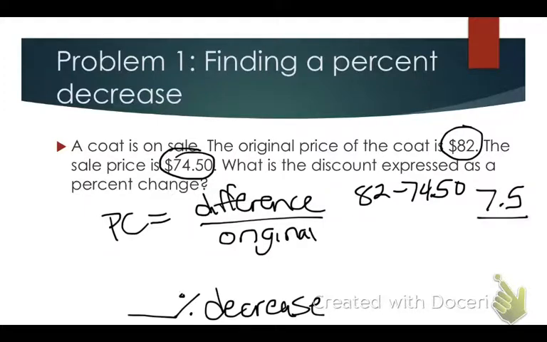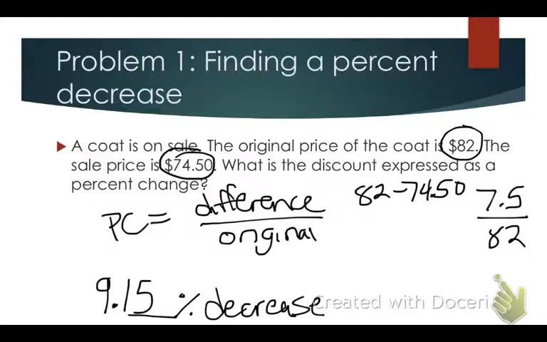And we're going to divide that by the original amount, 82, and then multiply that by 100 to convert it to an actual percent. And we should get 9.1463. I'm going to round that to the hundredths place here today, and I have 9.15%.